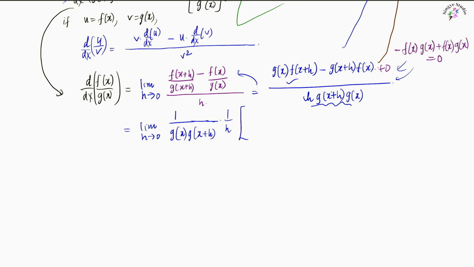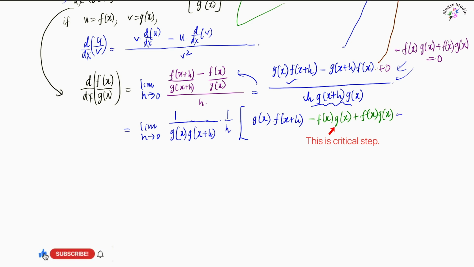Now we can write this here again: g of x times f of x plus h, minus f of x times g of x, plus f of x times g of x, minus g of x plus h times f of x.